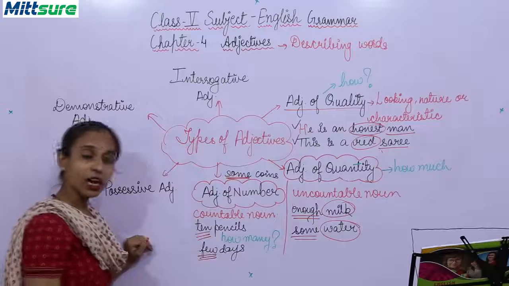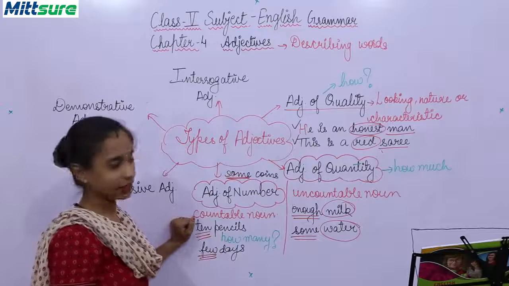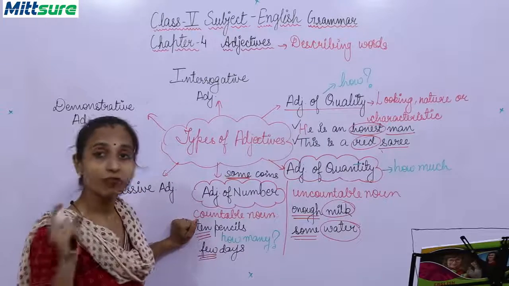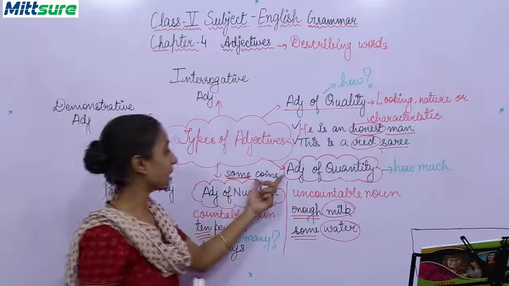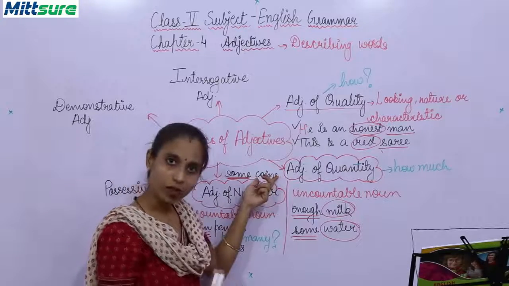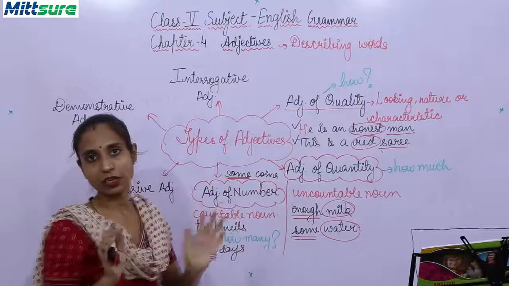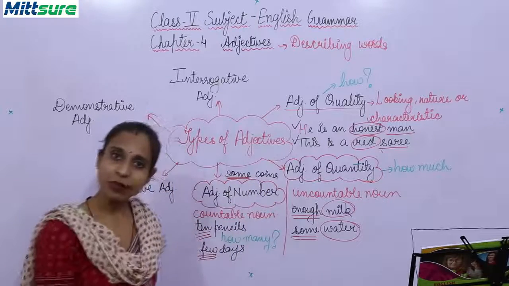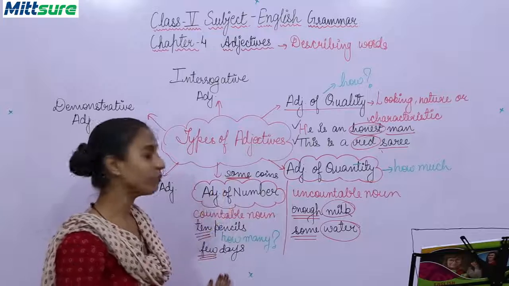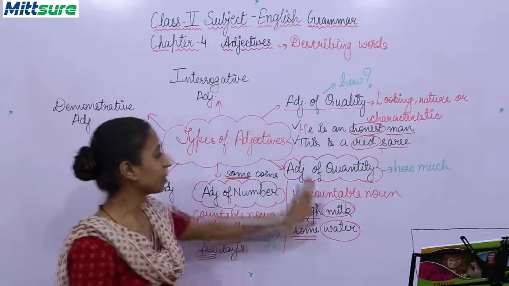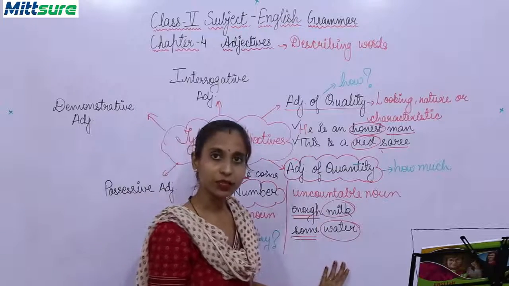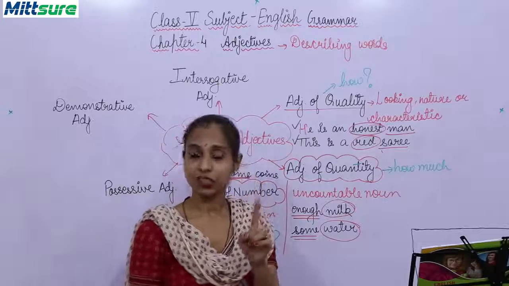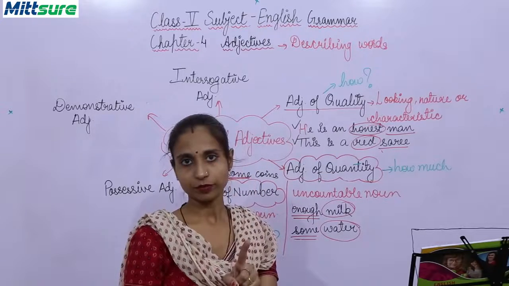So, the answer for this question is, children, always look whether the noun is countable or uncountable. If the noun is countable, then it will be adjective of number. And if the noun is uncountable, then it will be adjective of quantity.